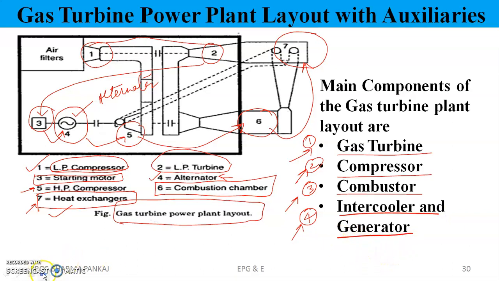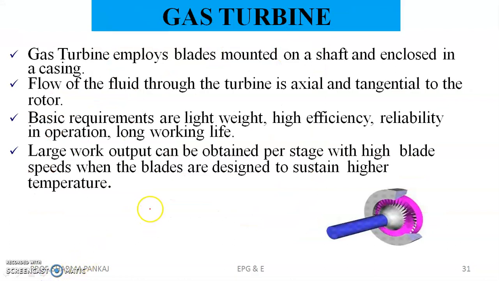Let us move towards the next slide of this topic. This is a gas turbine. Specifically, we are going to focus on gas turbine. A gas turbine employs blades mounted on a shaft and enclosed in a casing.